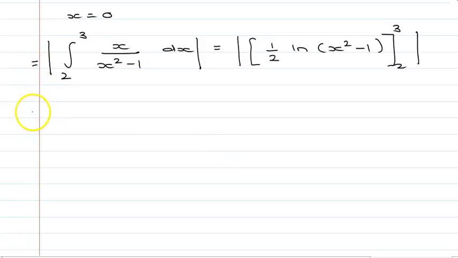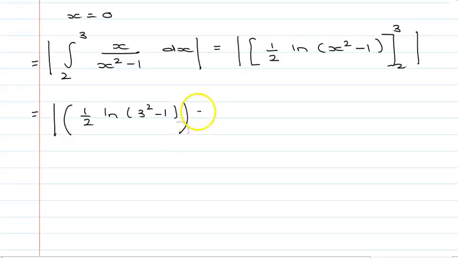So, substituting in the absolute value, I'm going to change to curved brackets now. Okay, so I'm substituting 3 in first. So 1/2 natural log of 3 squared minus 1. Take away, now I'm substituting 2 in. 1/2 the natural log of 2 squared minus 1.